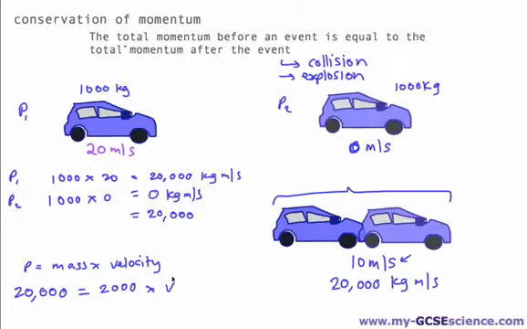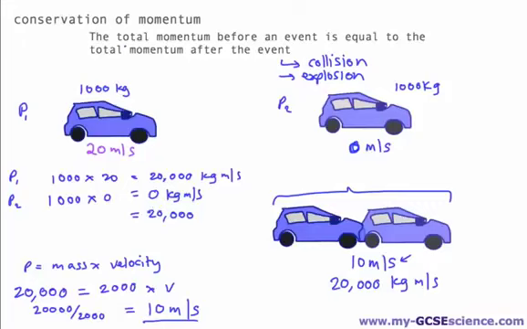And to work out the velocity here, it's a simple case of rearranging the formula, and if you're quite good at math, you'll realize that it's 20,000 divided by 2000, and that gives us an answer of 10 meters per second. This corresponds with what we worked out in the previous way. Okay, so the velocity after using this idea of conservation of momentum is 10 meters per second.